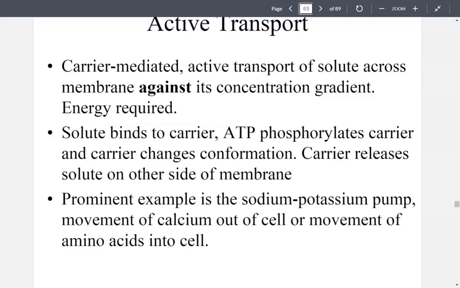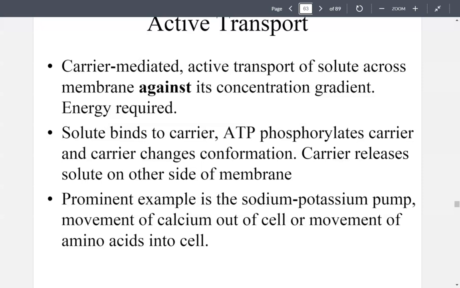All right, moving to active transport. Active transport is going to require the use of energy. This energy typically is going to come in the format of an ATP molecule. One of the most common forms of active transport is carrier-mediated active transport, which basically just means that the solute or molecule that's moving across the membrane is going to bind to a carrier protein.